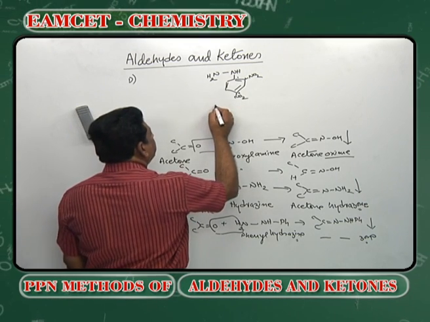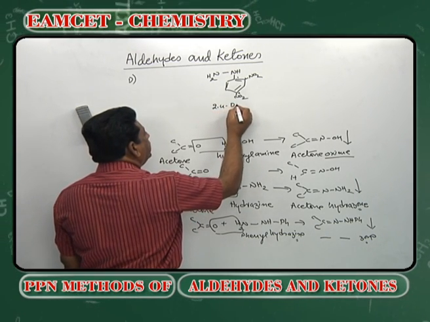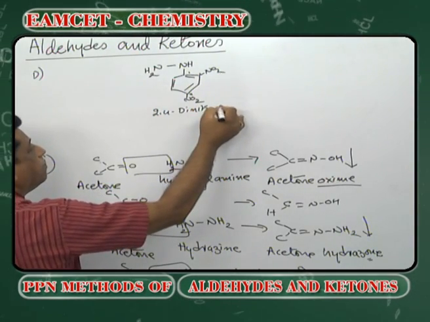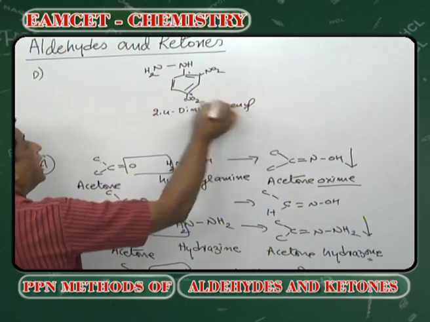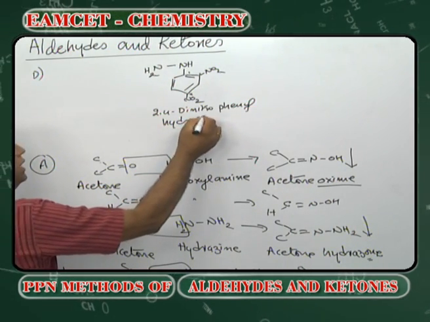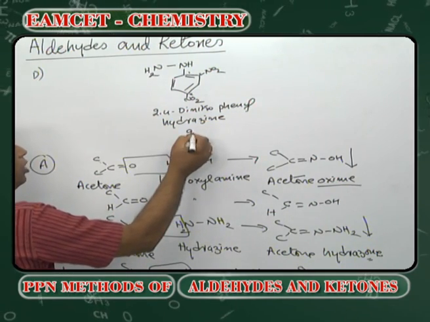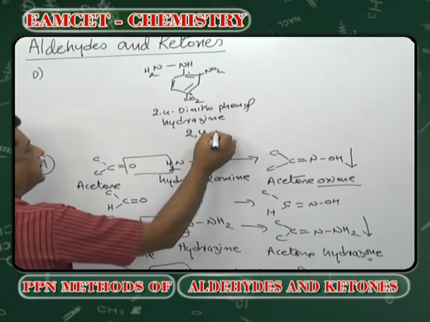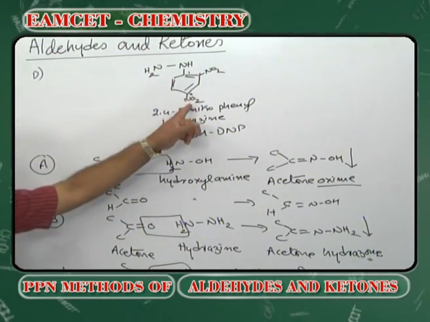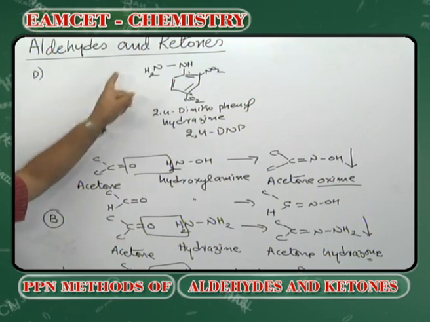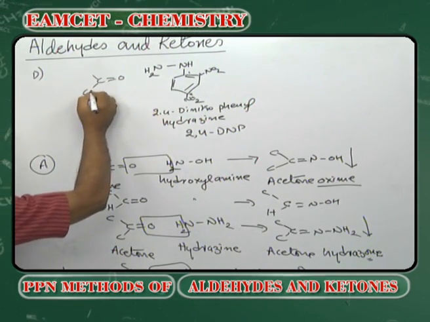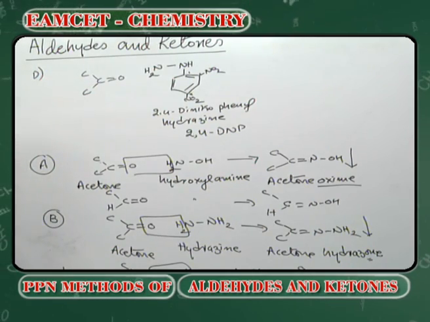Therefore, this is known as 2,4-dinitrophenylhydrazine. It has a common name also, 2,4-DNP. Okay, the reagent is a little big, but don't worry, it is nothing but the same compound with a small extension.